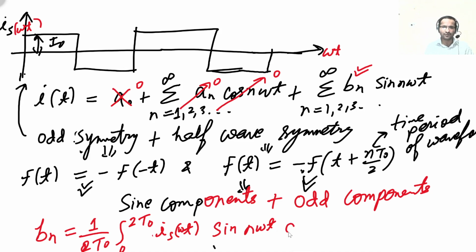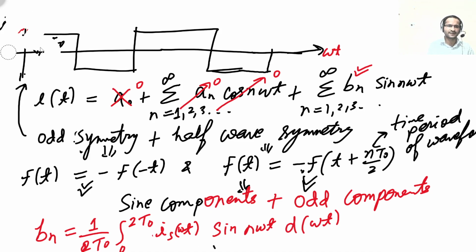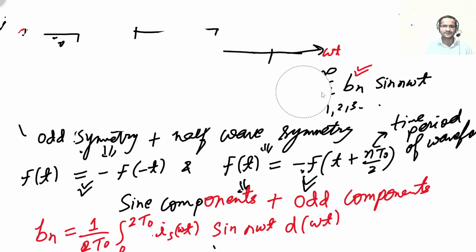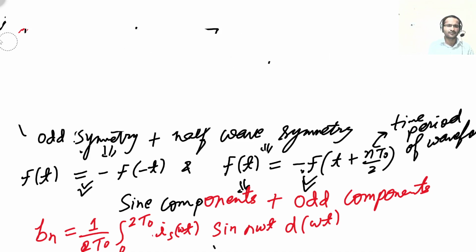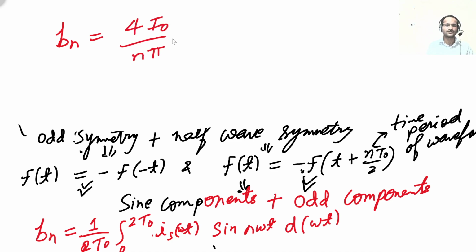If you integrate this equation for bn, you will get bn as 4 I naught upon n pi. So this is what the bn value is.